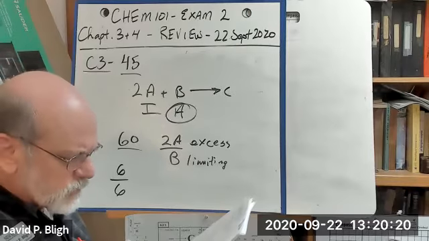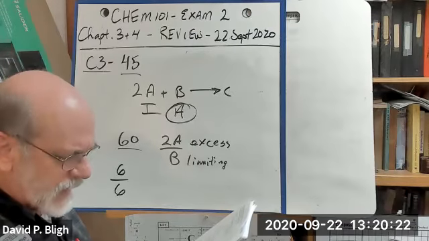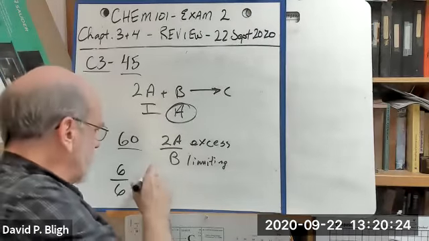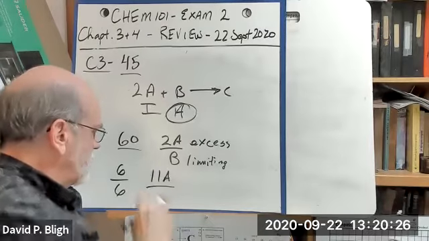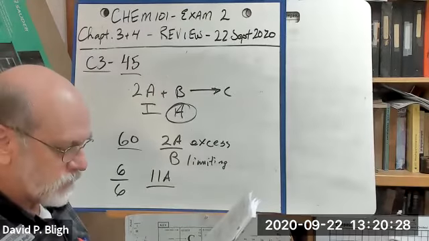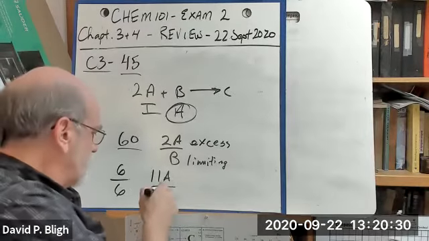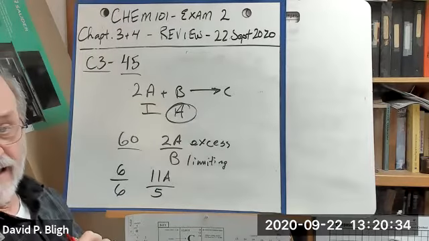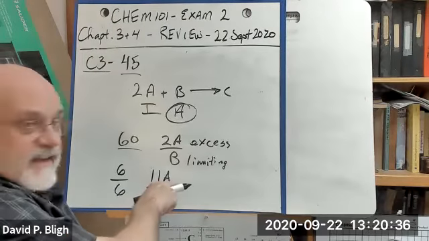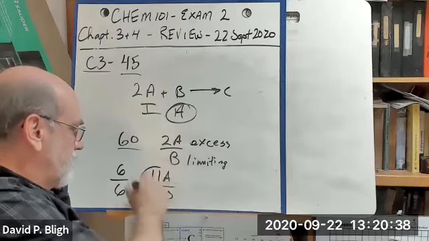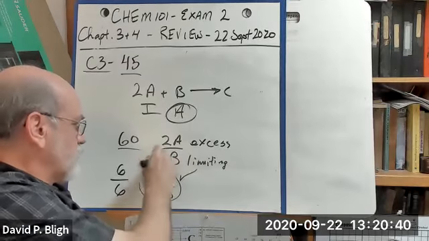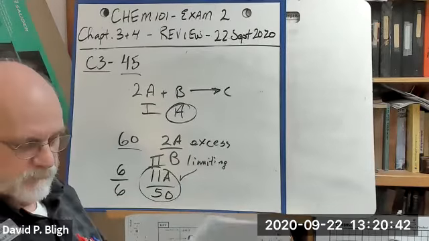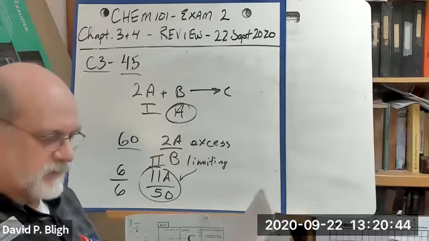Let's see, 1, 2, 3, 4, 5, 6, 7, 8, 9, 10, 11 A's, and 1, 2, 3, 4, 5 B's. So 2 to 1 would be 10 to 5. This one is excess A. Roman numeral 2 satisfies.